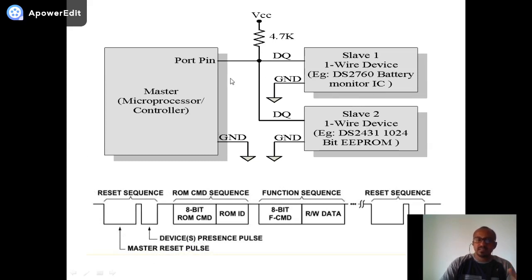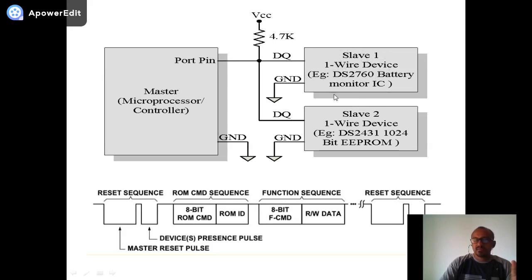Either the slave will send data to the master or the master will send to the slave, but the master will take the initiative. Then the master will send the 64-bit identification code, and then the slave gets selected.